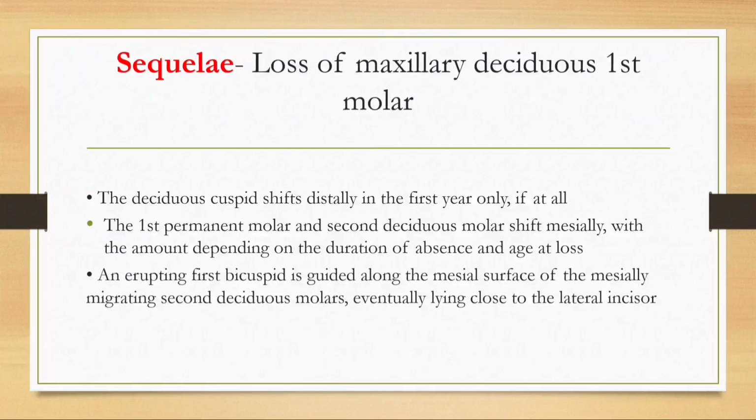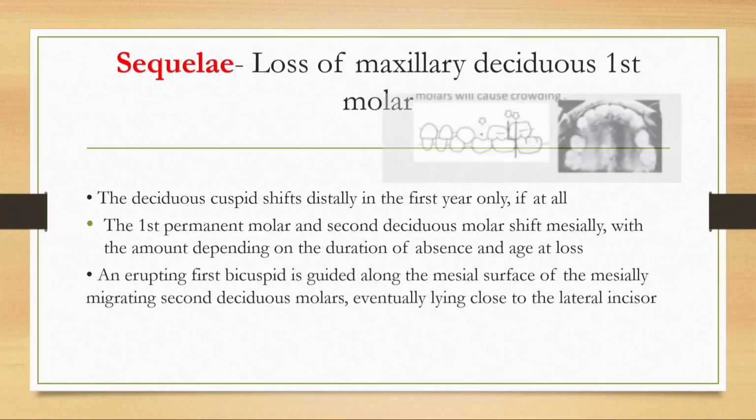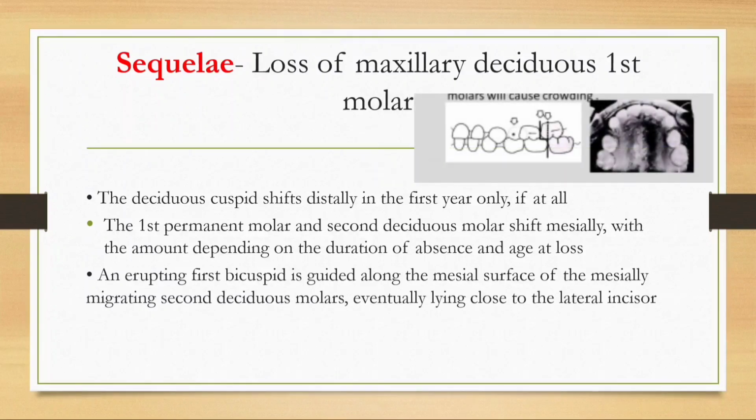It can be the maxillary deciduous first molar, or the maxillary deciduous second molar, or even mandibular questions regarding the first and second deciduous molar. So while writing, you need to be very careful because you might end up writing the wrong answer. So what happens when the maxillary deciduous first molar is lost?